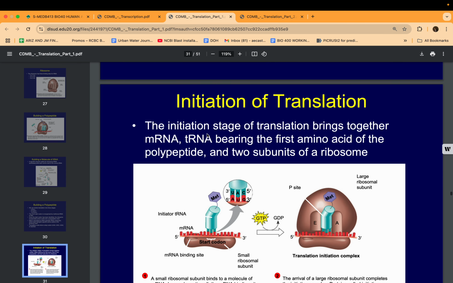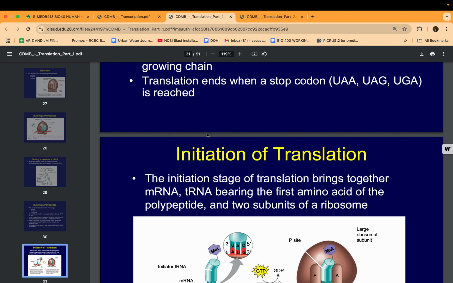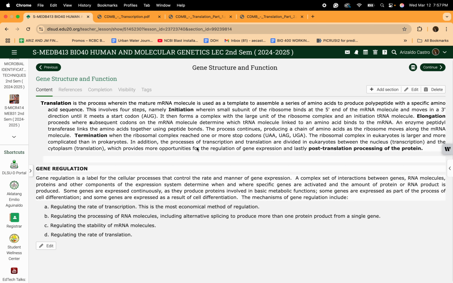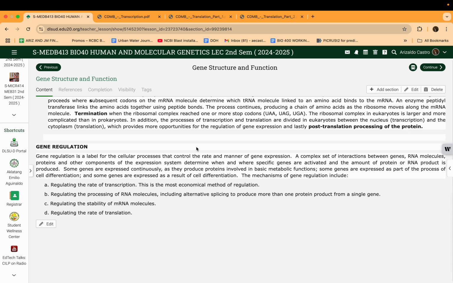I won't discuss the remaining slides, as I will just talk about the same thing about translation. Now, for gene regulation, it's important as a phenomenon. It's important for the multiple products that are produced by a single coding gene.